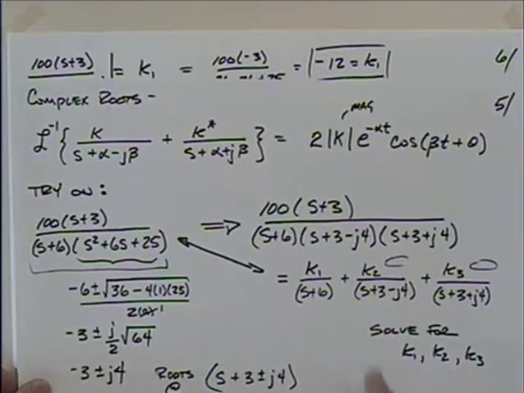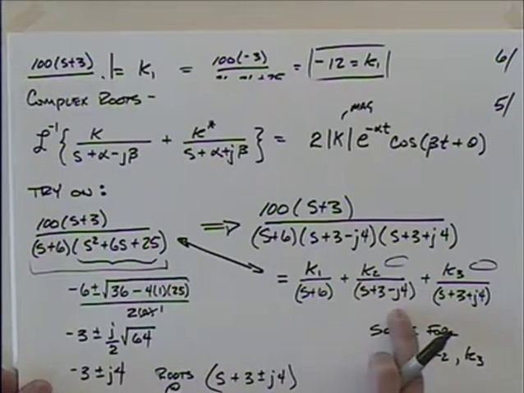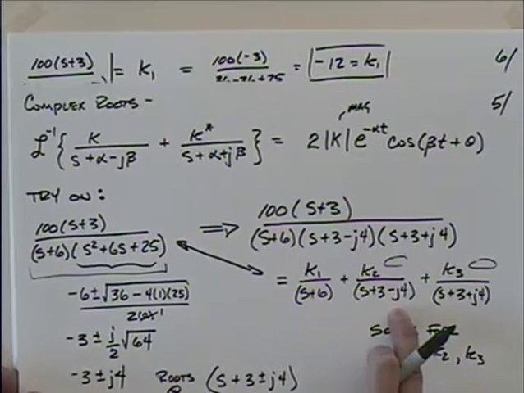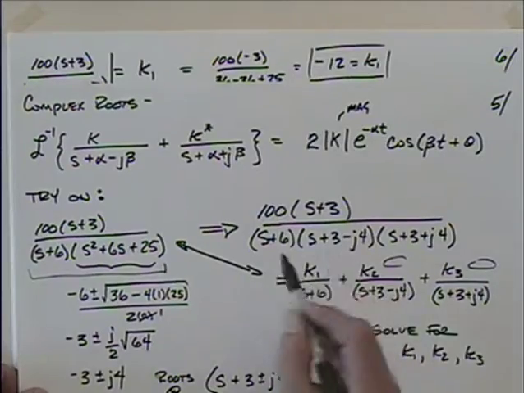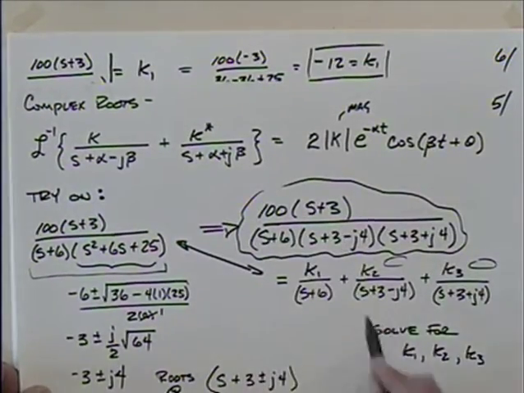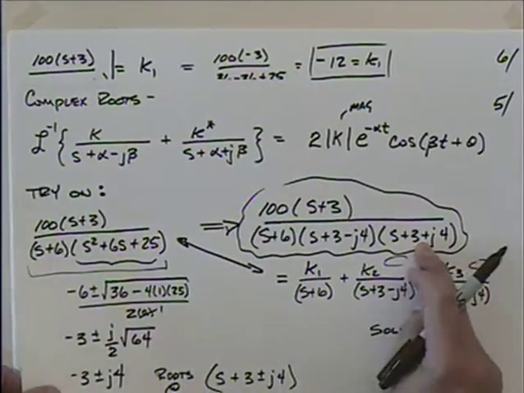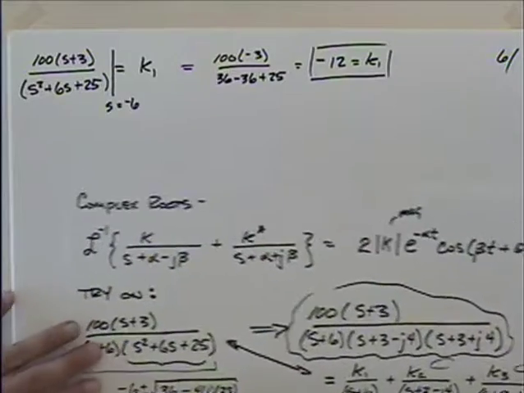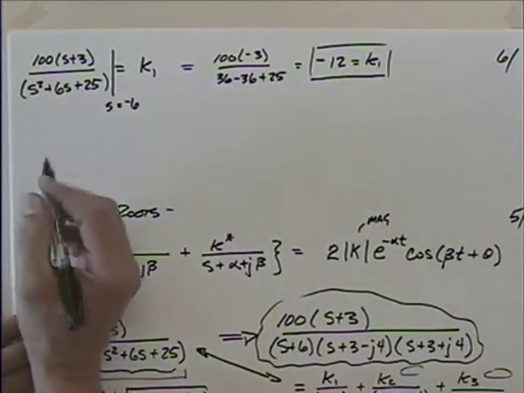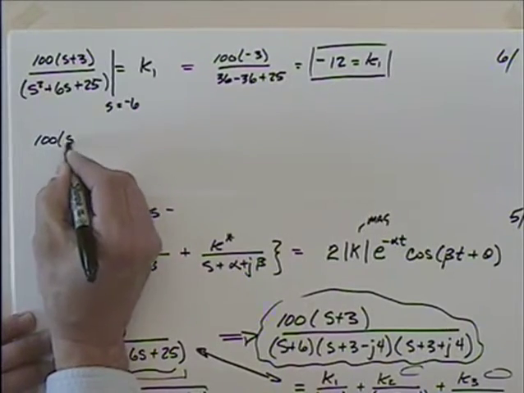So then the next go around, what are we going to do? In finding K2, we're going to multiply everything by S plus 3 minus j4. So maybe I should use this expression here. When I multiply that, you take that expression and multiply by this, you end up with what? We're going to have 100 (S plus 3).